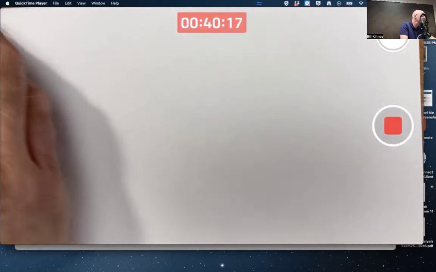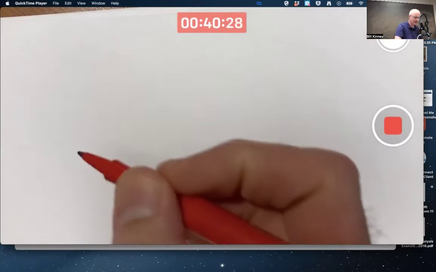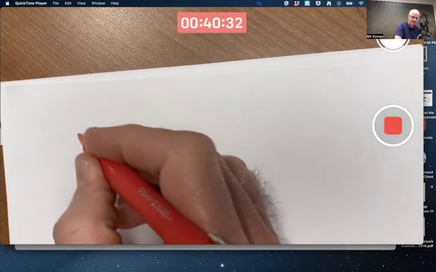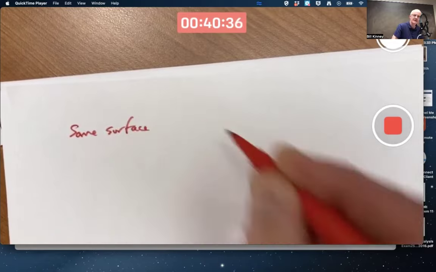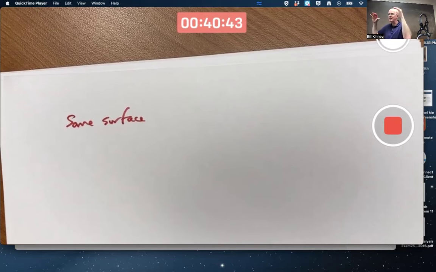There is another kind of integral. Let's do the same surface again. So it's the same surface as before, still this saddle shape surface described with R of UV.